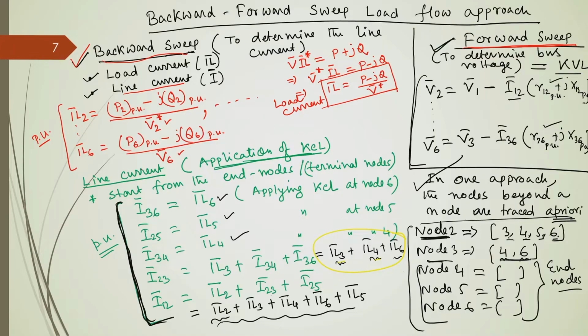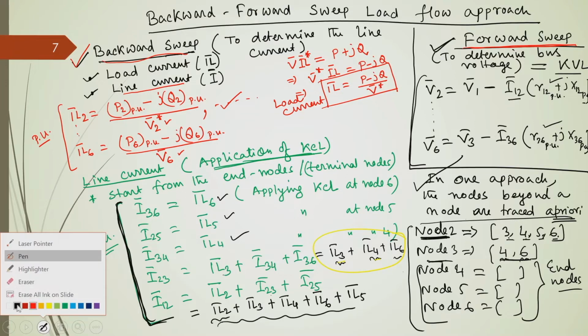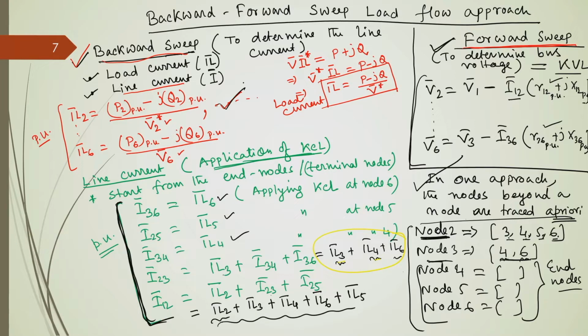Now, if you look at this backward step, firstly we determine the load current from the available information that we have, because most of the nodes in distribution networks are load nodes. So, we know the power demand, meaning the active power demand and reactive power demand of that particular node.